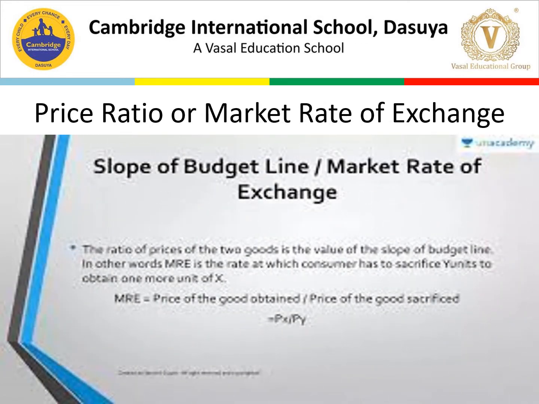Now, what is the price ratio or market rate of exchange? The slope of the budget line is the market rate of exchange. The ratio of prices of the two goods is the value of the slope of the budget line. In other words, MRE is the rate at which the consumer has to sacrifice units to obtain one more unit of X. So MRE is always equal to the price of good X obtained over the price of the other good sacrificed. So PX over PY, the price of good X over the price of good Y. The price of the good obtained is PX, and the price of the good sacrificed is PY.